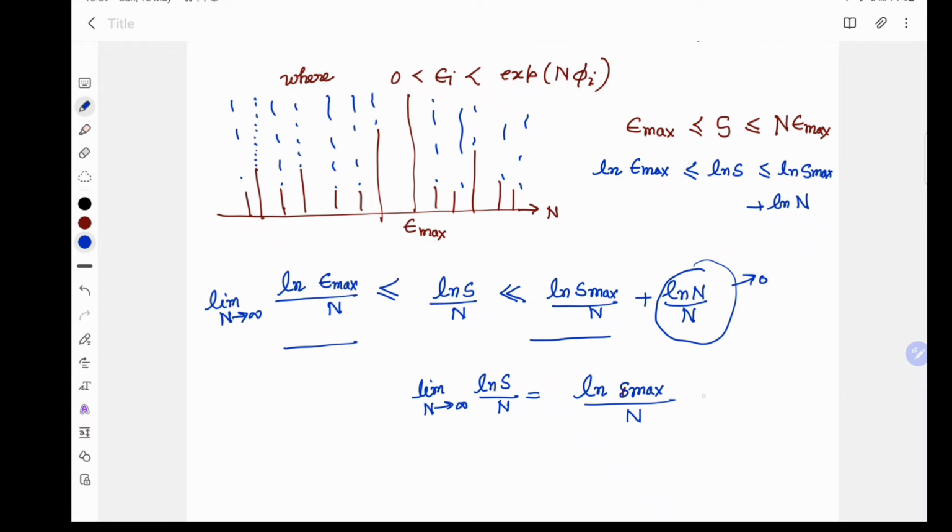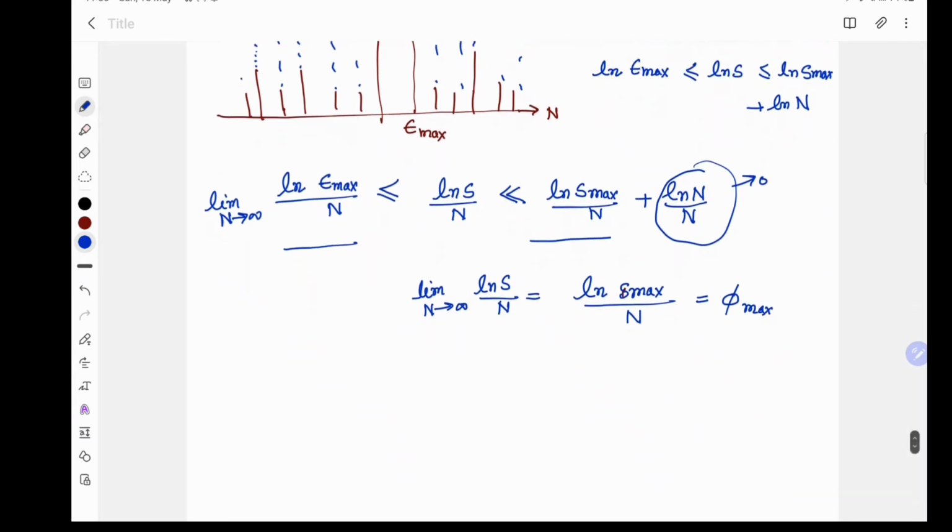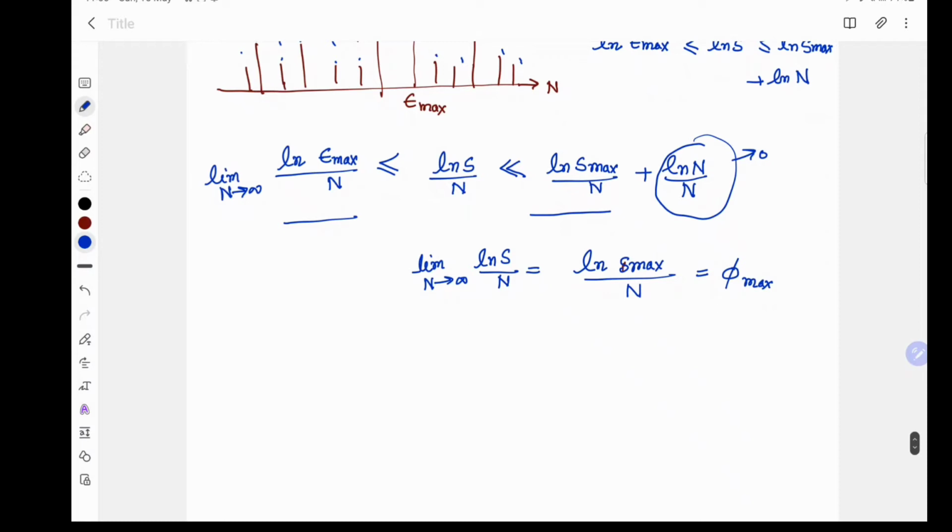And that is phi max. So what we have seen is that one can determine this sum just by the knowledge of the maximum value of the epsilon, or maximum value of the phi.